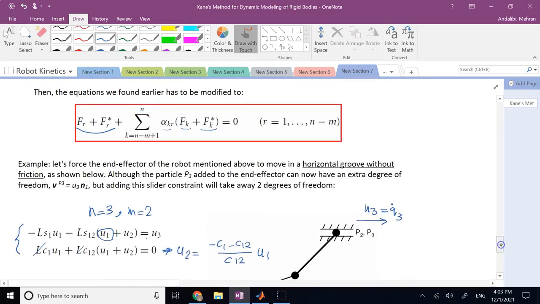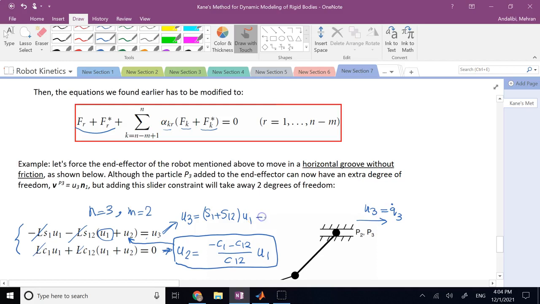And from the bottom one, also the top one, if you want, you can also find U3. So from here, your U3 is going to be a relation between U1 and U2, and from here you can really replace your U2 with the relation that you had up here. If you do that, then your U3 is going to be really S1 plus S12 times U1, correct?